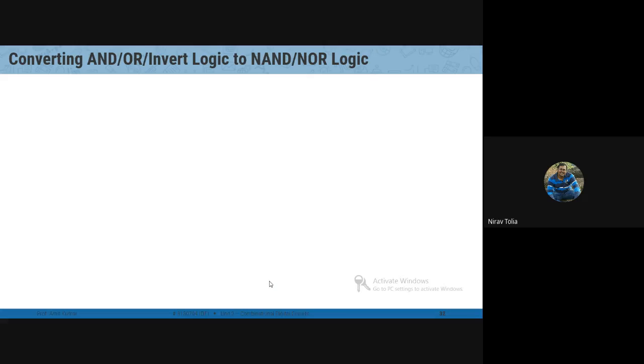So for that, when you have the equation, you have to implement the answer by using AOI logic, which is AND, OR, and invert logic.